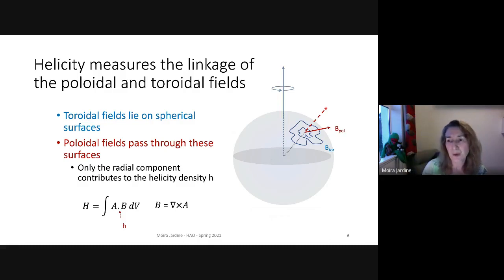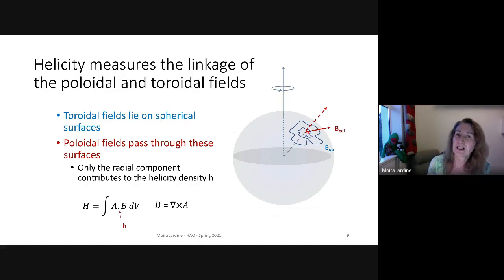The other two components of the poloidal field, the theta and phi components, don't contribute because they lie on spherical surfaces. So the flux of the poloidal field that links through the toroidal field describes the helicity. And I've shown the expression for the helicity at the bottom here.